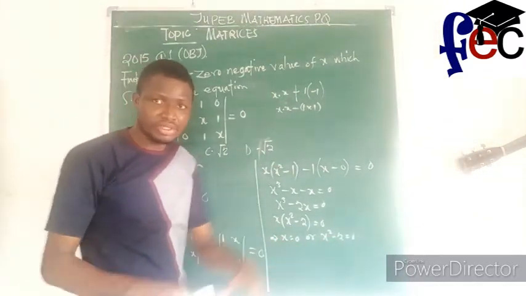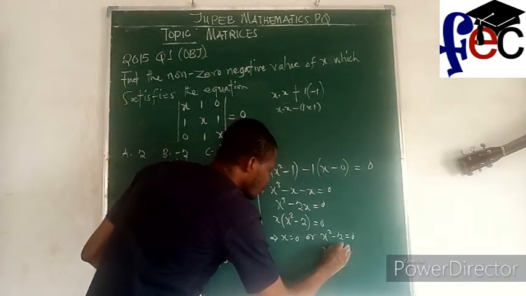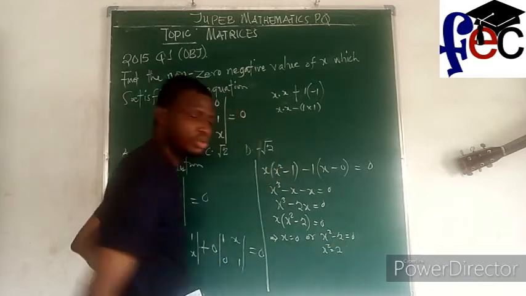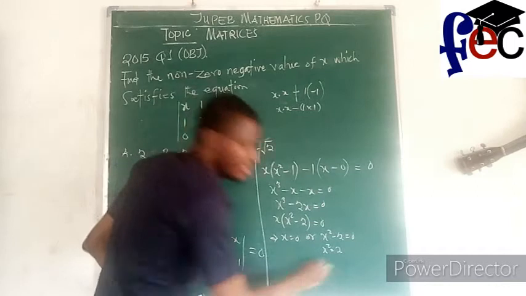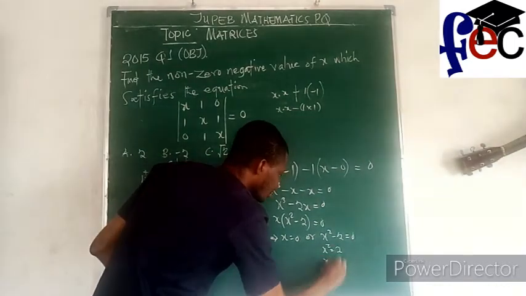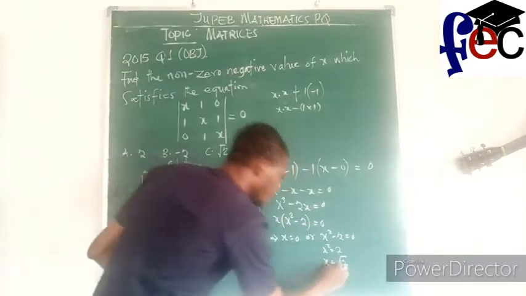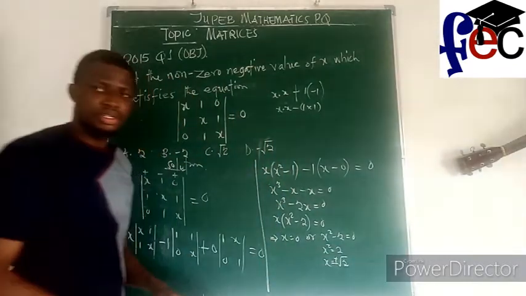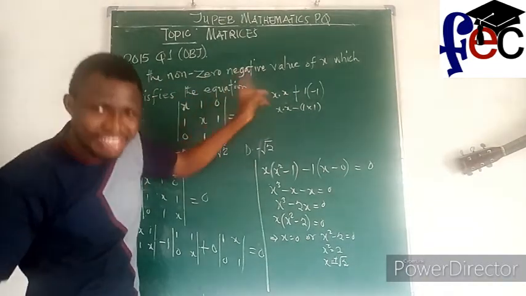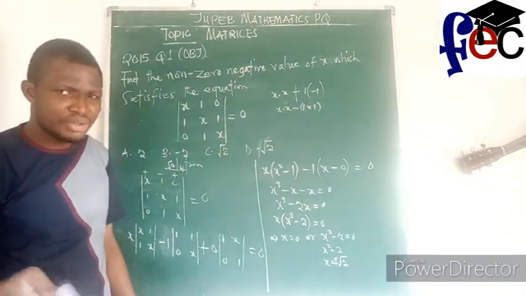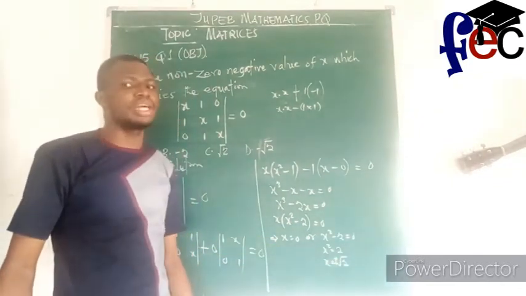I'm coming for this. So look at this: x squared equal to 2. And if x squared equals 2, what is x? That means x will become the square root of 2. But is it just the square root of 2? It's plus or minus. Find the non-zero negative. If it is non-zero negative, that means plus root 2 cannot be the required value.